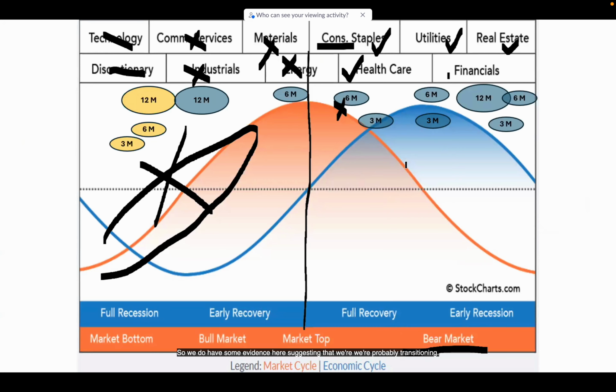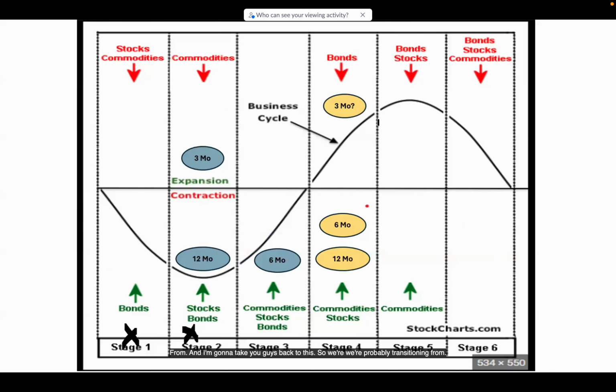Okay. So we do have some evidence here suggesting that we're probably transitioning from, and I'm going to take you guys back to this, so we're probably transitioning from that late stage 4 into an early stage 5. That's what all of this analysis is telling me. So if that's the case, what would I look for?